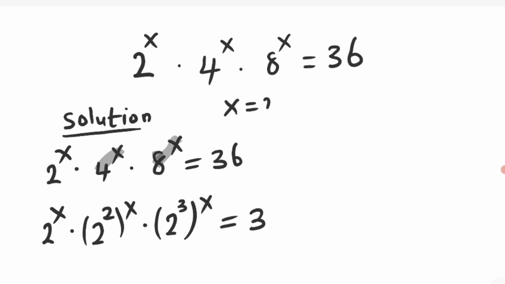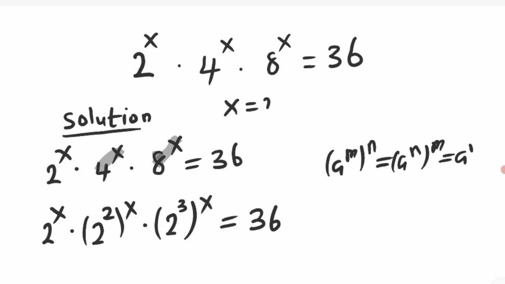Now take note of this, that if you have a raised to power m to the power of n, this is equal to a raised to power n to the power of m, this is equal to a raised to power mn.